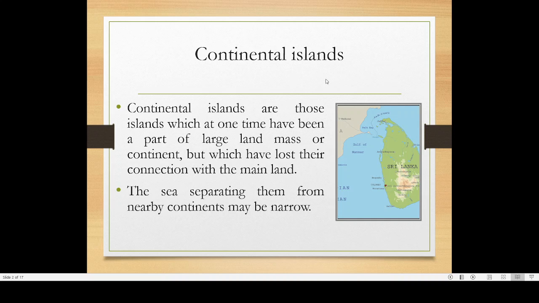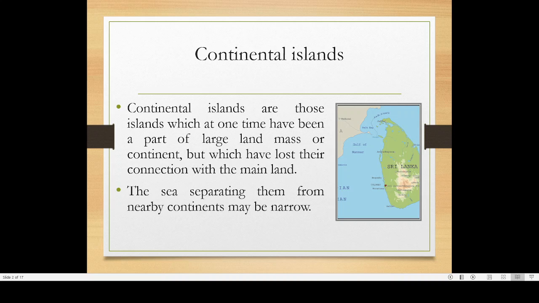Another point is that the continental islands are those islands which at one time have been a part of a large land mass. So if you look at the geological past, or the geological history, once this Sri Lanka used to be attached to, or a part of, the Indian mainland.